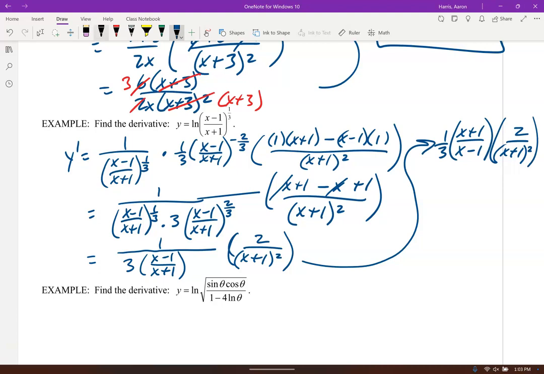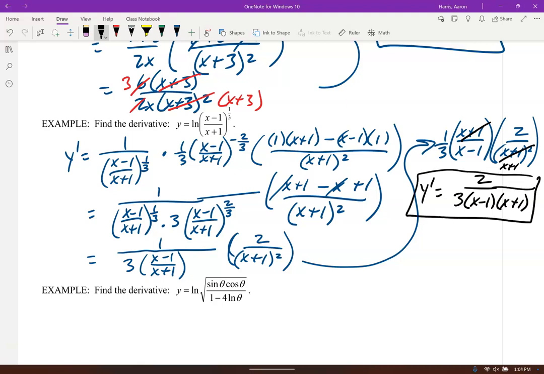So it looks like one of those x plus 1s will cancel. That one cancels with one of those, so it leaves me with one left. So it looks like my y prime just ends up being 2 over 3, x minus 1, and then x plus 1. There's my dy dx there.